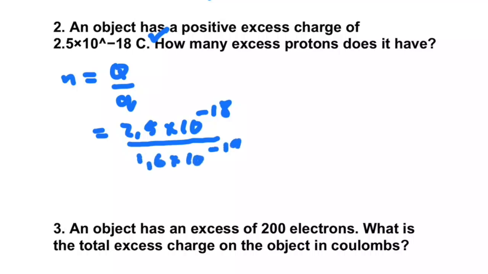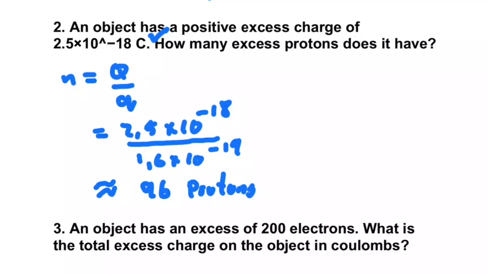Don't forget that of an electron is minus 1.6 times 10 to the minus 19, and that of a proton is plus 1.6 times 10 to the minus 19. This is about 96 protons. We need the number of protons or electrons to be a whole number. We cannot have a fraction because we cannot have a fraction of an electron. So this object right here has an excess of 96 protons.